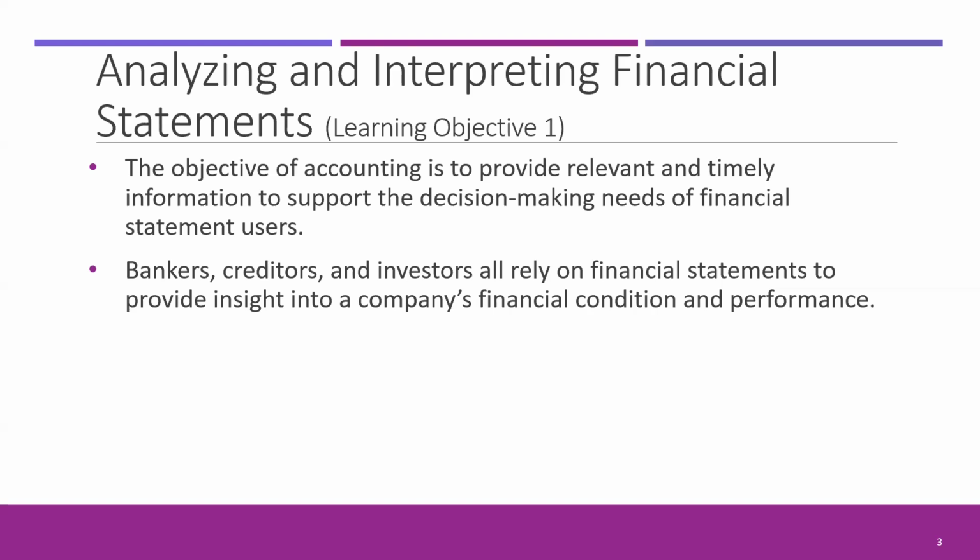But today we'll be going over how to look at a company and support the decision making of really the financial statement users, because this is financial accounting. It's meant to help external stakeholders, which is mainly investors, both bondholders and equity holders, and possibly the government if they're looking at it.